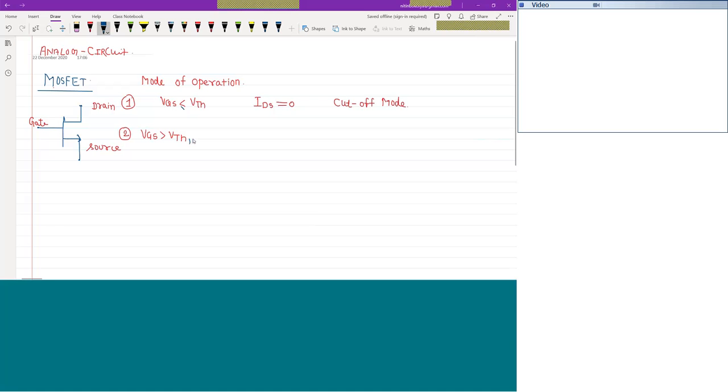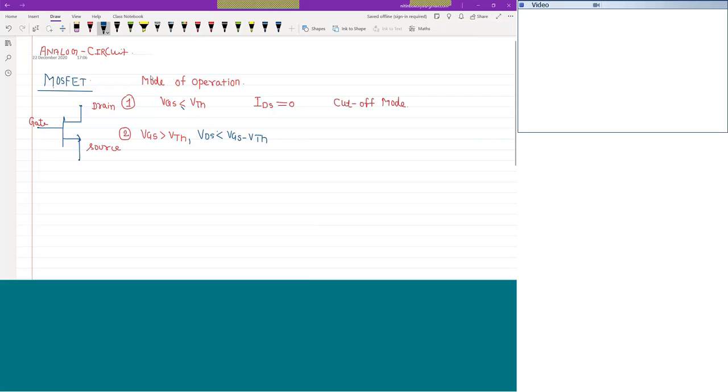and VDS is less than VGS minus VTH, then this mode of operation is known as triode region.